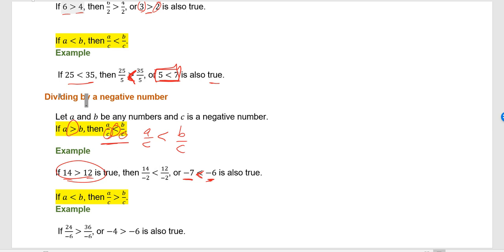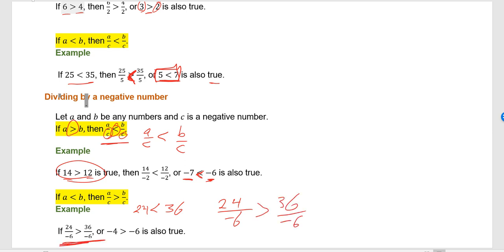If A is less than B, then A over C is greater than B over C. So, right, here, if I have 24 less than 36, right, then if I divide both of them by negative 6, then it becomes 24 over negative 6 is greater than 36 over negative 6.